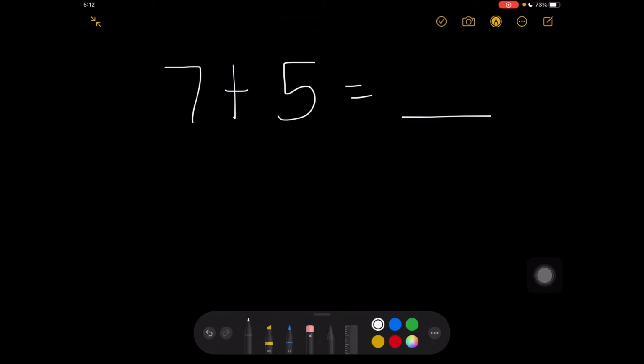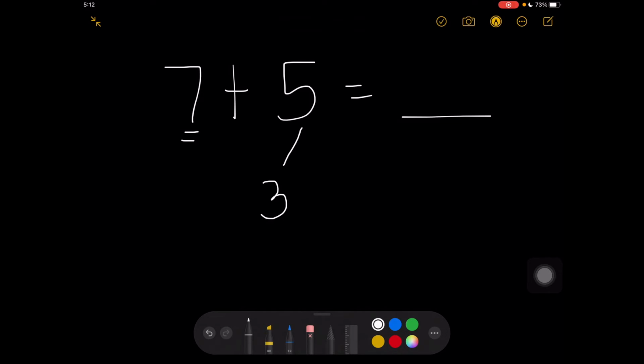What are the two numbers that will make 5 such that it will make a 10 with 7? A while ago, the partner of 7 is 3. 7 plus 3 make 10. So 3 will be one of the parts of 5.